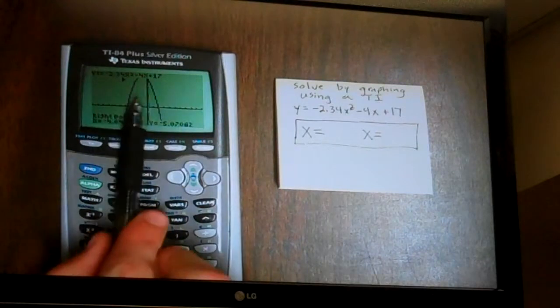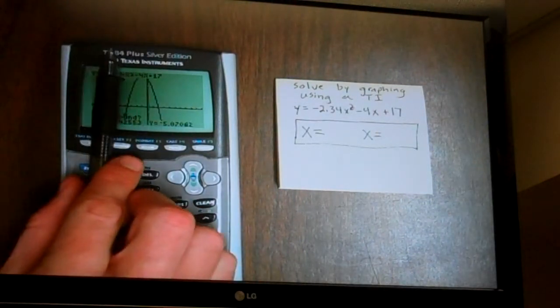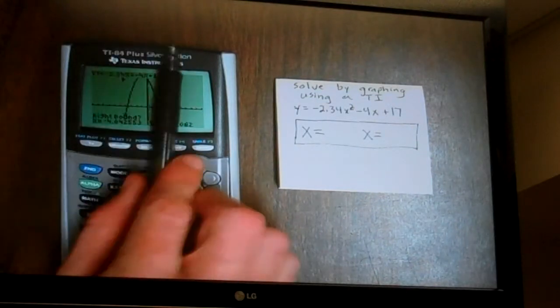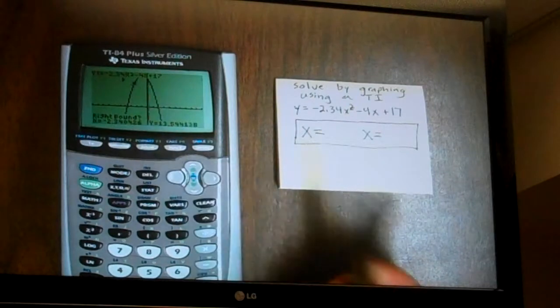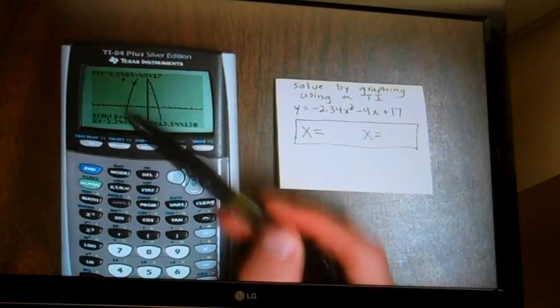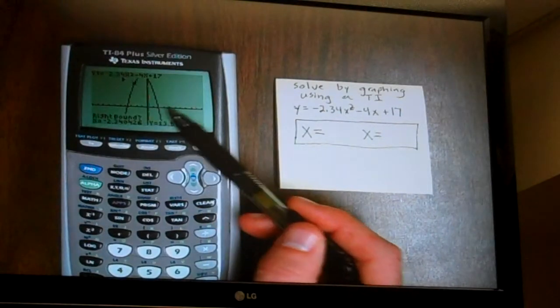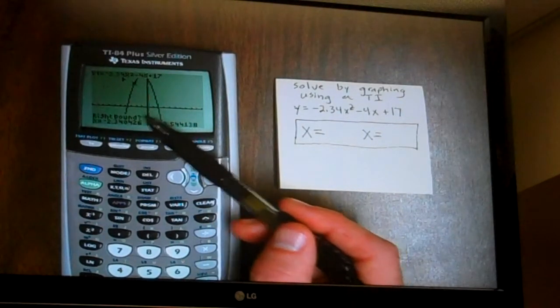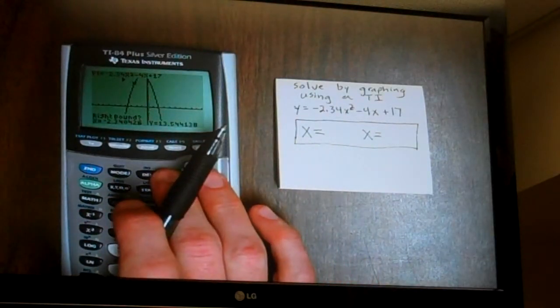Then it asks me for the right boundary. See how it put a little arrow and it said, that's your left boundary right there. Now I need to create a right boundary. So I hit the right arrow until this blinking cursor is somewhere to the right of that 0, but not past a second 0. Because if you try and have the calculator do both at once, it'll cause some errors.